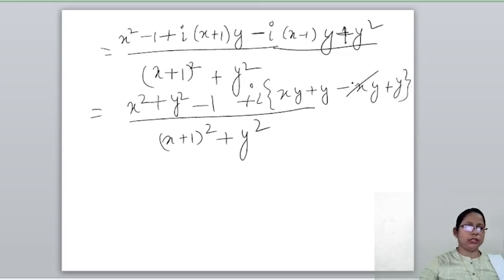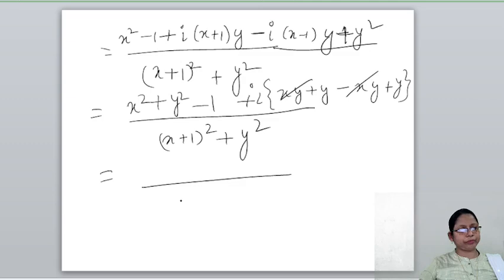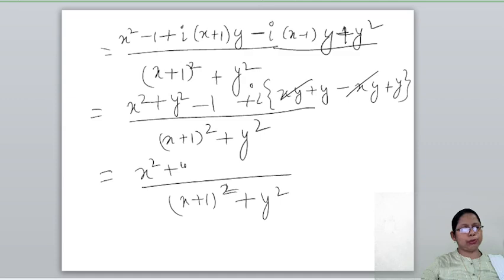Okay, this cancels out. So this is (x plus 1) whole square plus y square in the denominator, and in the numerator x square plus y square minus 1 plus 2iy.